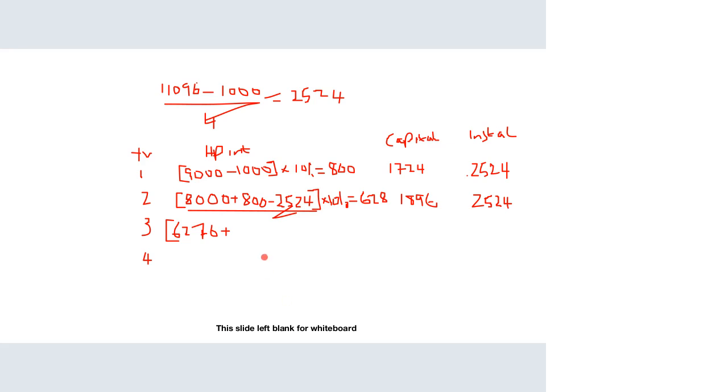Then we add the interest for year 2, which is 628, then minus the installment for year 2, which is 25.24. Again times 10%.